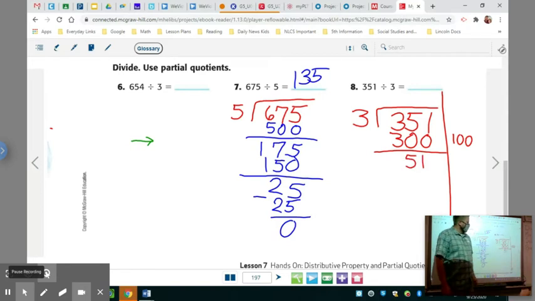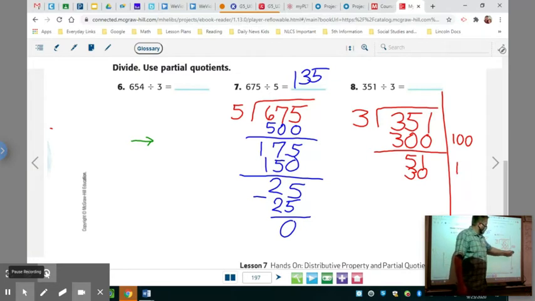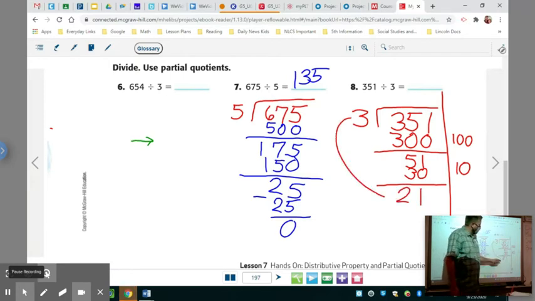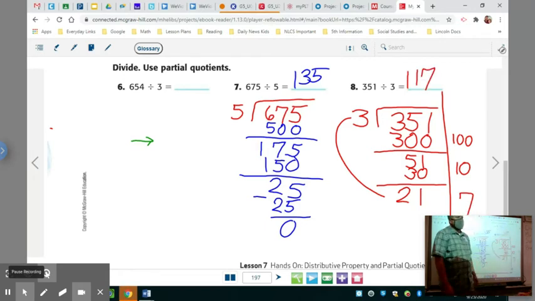So will 3 go into 5 evenly? No. We're going to make it a 30. How many times will 3 go into 30? 10 times, right? Subtract that. What are you going to get? 21. Will 3 go into 21? Yes. How many times? 7. Add those together, you get 117. See, it's not so bad.